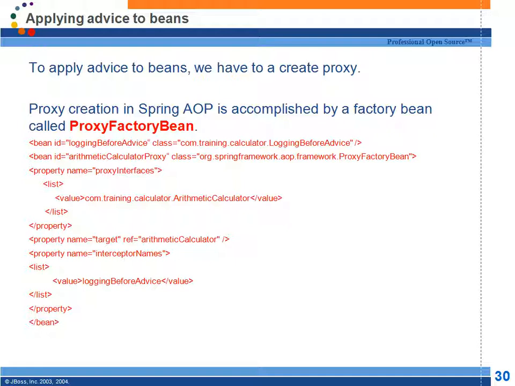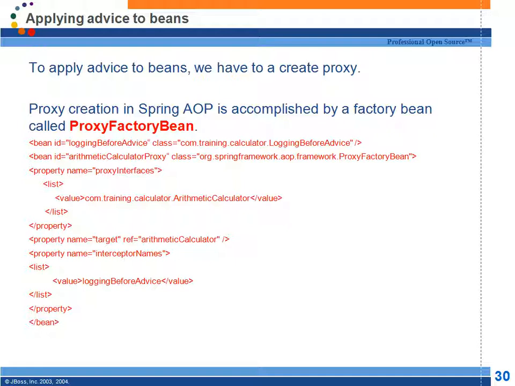Advice will be intercepting, right? The code inside advice will be executed before or after, right? So for interceptor names you can specify a list of advices. So when I now say factory.getBean arithmetic calculator proxy, you will be getting a proxy for this target, and that proxy will be implementing these interfaces and will have all these interceptors applied, right?